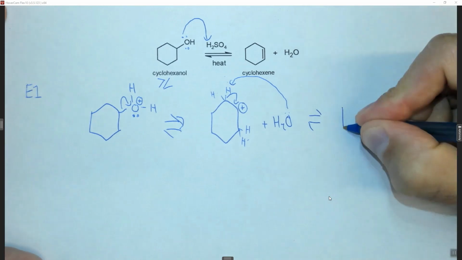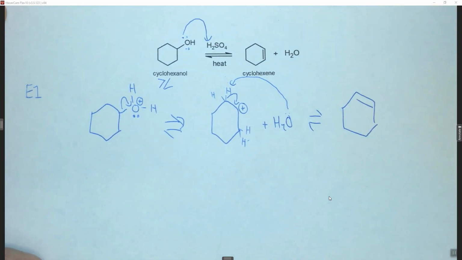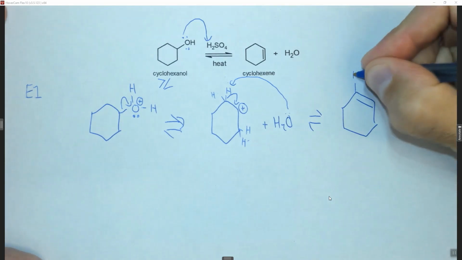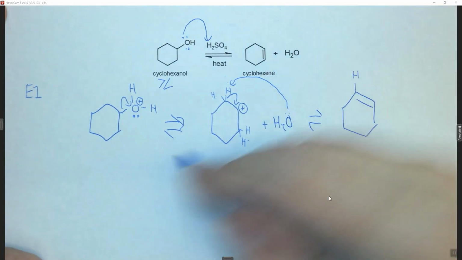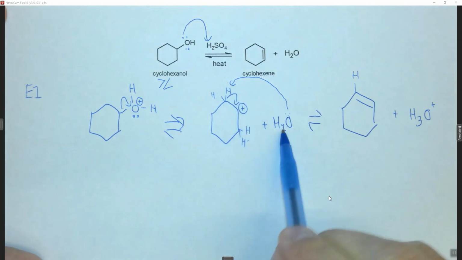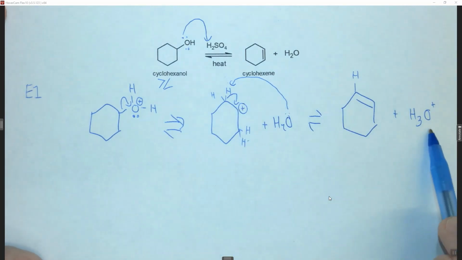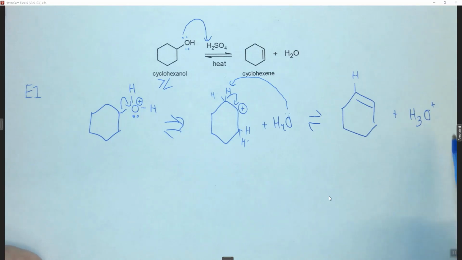What we end up with is this, where this has been eliminated. We have the one H that's already drawn. It was kind of drawn over this way, like this. And we reform the catalyst by forming H3O+, because now this has 3 H's instead of 2, and it has the positive charge from the H, and that's your acid-base chemistry. So this is the elimination mechanism.